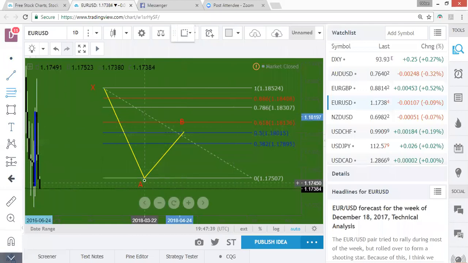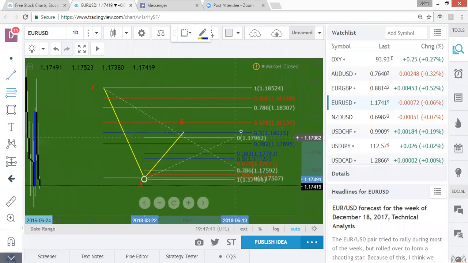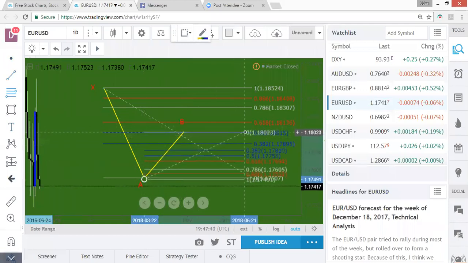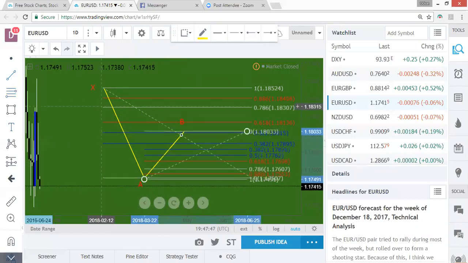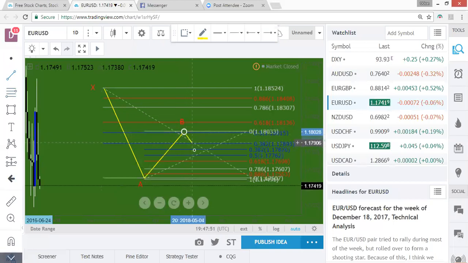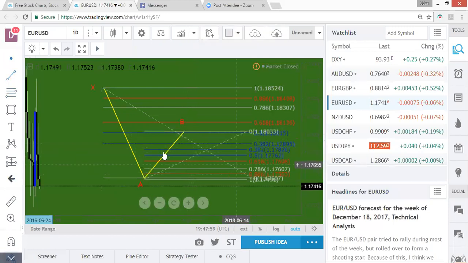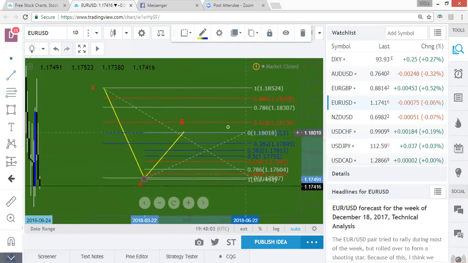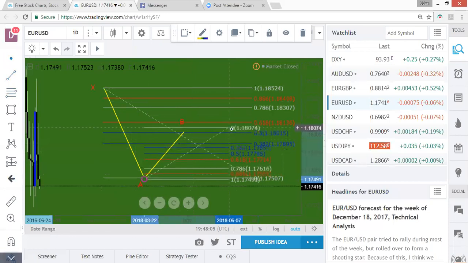After we've noticed that we have a valid B move, we look for the market to pull back from A to B. And we need a minimum retracement of the 382. Well, that's a different 382 here. Let me get rid of something. Oh no, that's the right one.